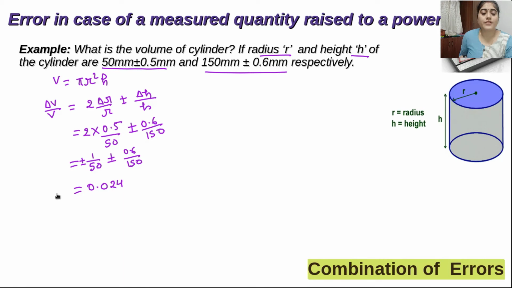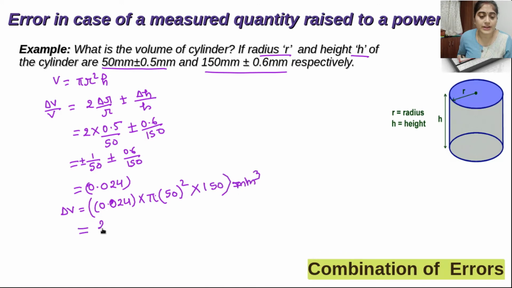Now if you have to find the absolute error, you just multiply by the volume. So delta V equals 0.024 into pi r square h. We know r is 50 mm, so 50 whole square into h, which is 150 mm, so everything will come in mm cube. That is 28.27 mm cube.